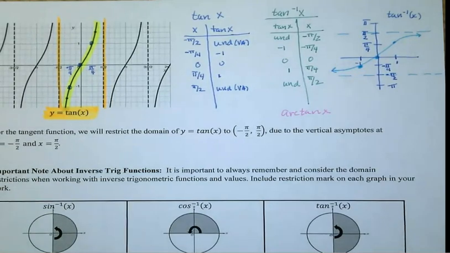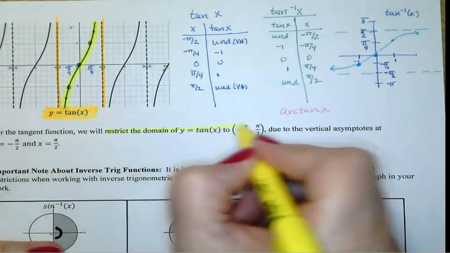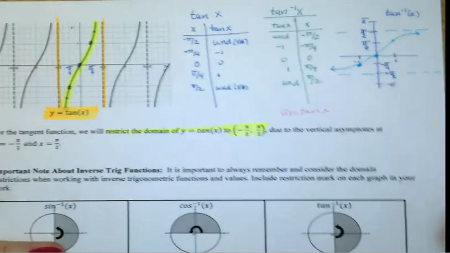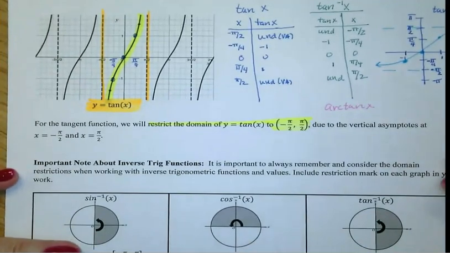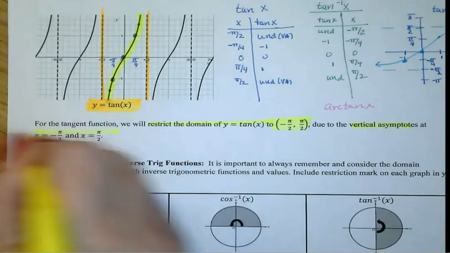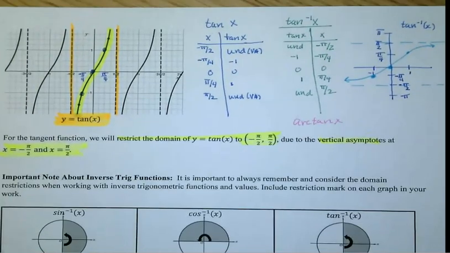So when we restrict the tangent function, we will restrict the domain to go from negative pi over 2 to pi over 2, this one little piece right here. And we have to be mindful of those vertical asymptotes, which are happening at the two places where we're restricting the graph.